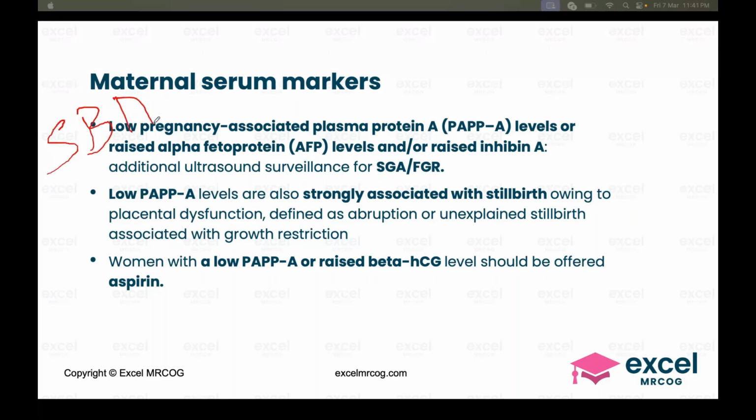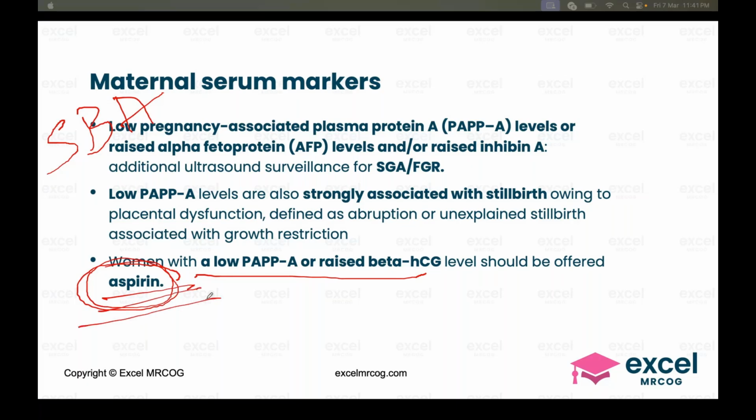Okay. So low PAPP-A is associated with stillbirth because of placental dysfunction, which is abruption or unexplained stillbirth with growth restriction. Okay. So women with low PAPP-A or raised beta HCG should be offered aspirin. So if they ask you intervention in the pregnancy, you would choose aspirin. Although this is not mentioned in the NICE guidelines, it is mentioned in the SGA guideline.